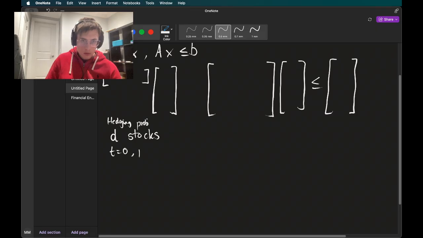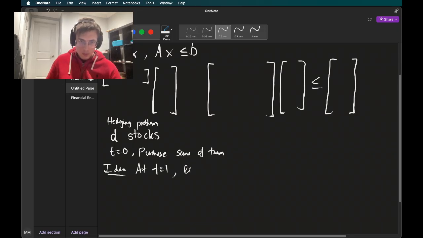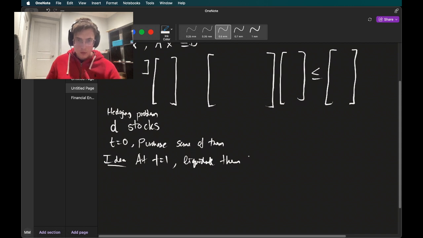The idea is that at t equals 1, you're going to liquidate them, sell them at a market price to cover some cost x.